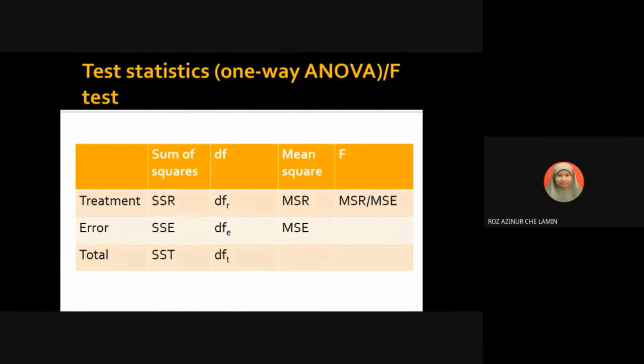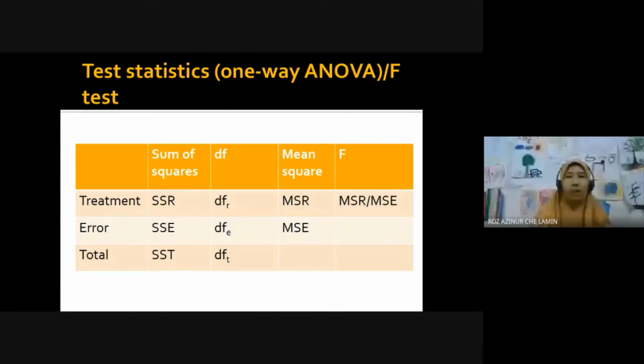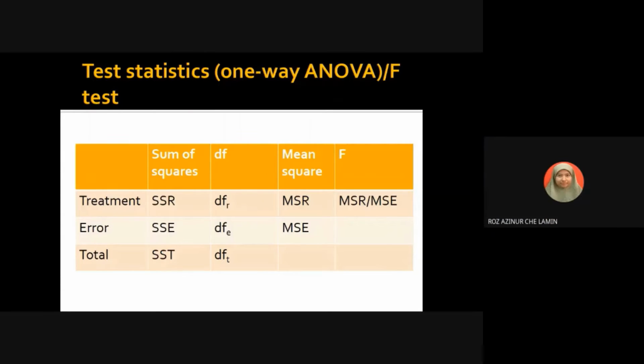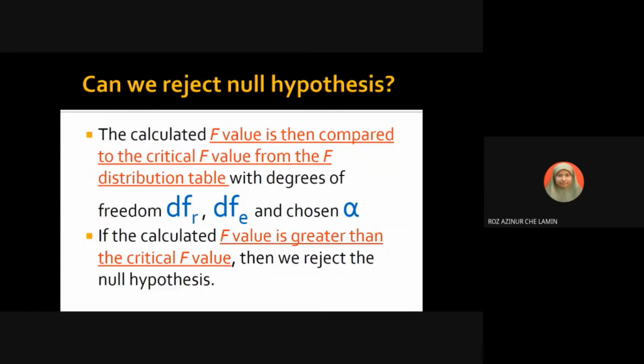The test statistic for one-way ANOVA is the symbol F. Can we reject the null hypothesis? The calculated F value is compared to the critical F value from the F distribution table with the degrees of freedom and the chosen alpha.